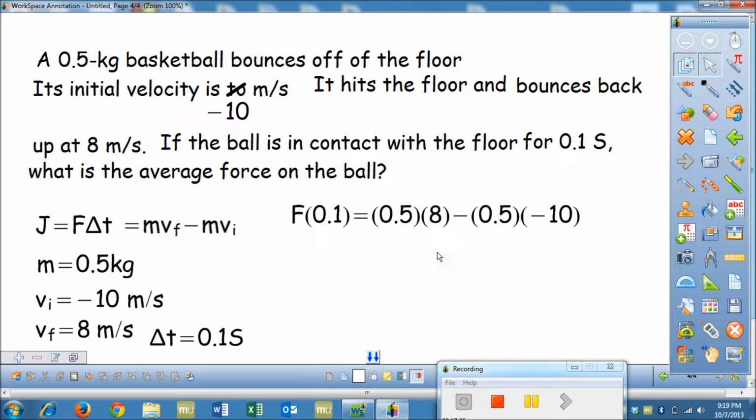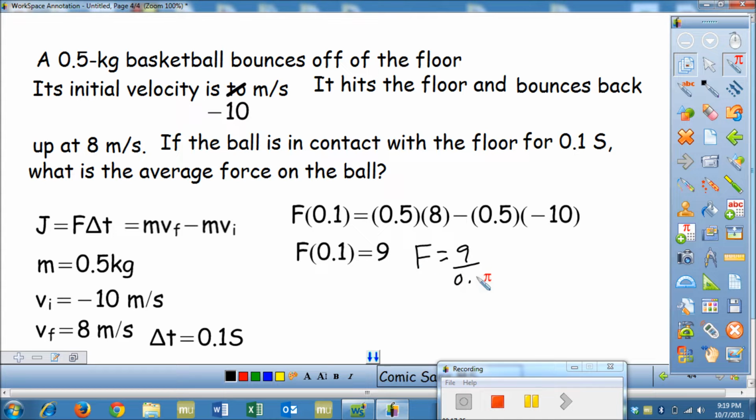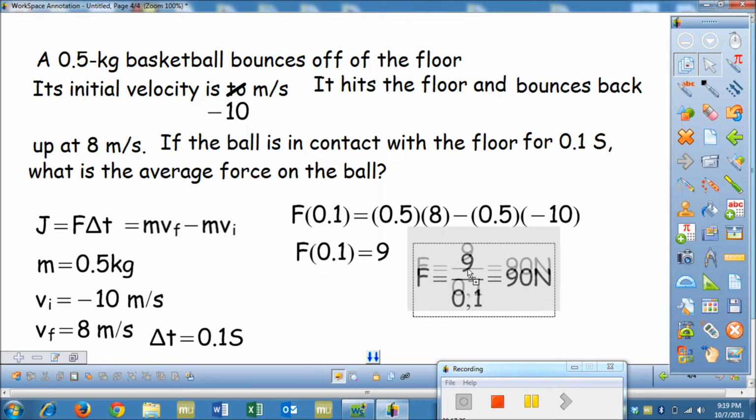That is 9. So F times 0.1 equals 9. Therefore, F equals 9 divided by 0.1, which would be 90 newtons. So the average force on the basketball is 90 newtons.